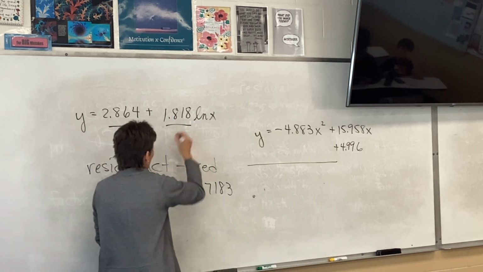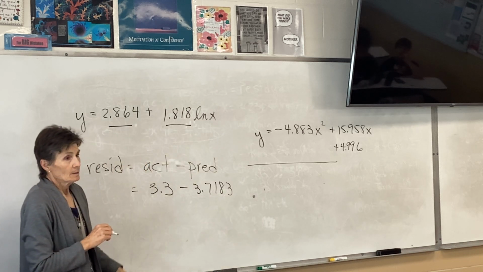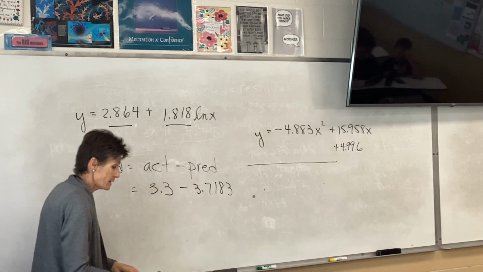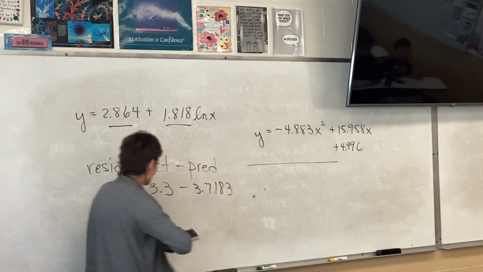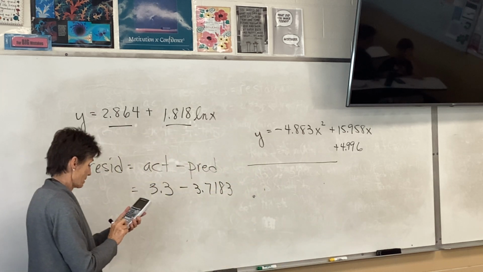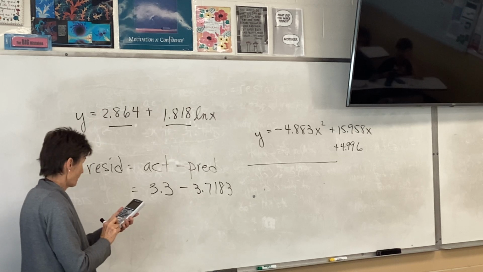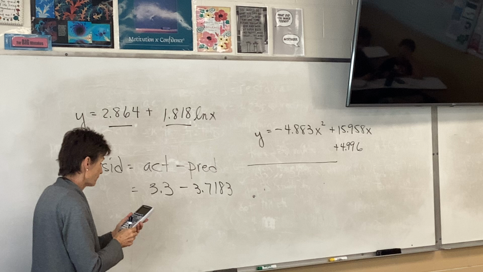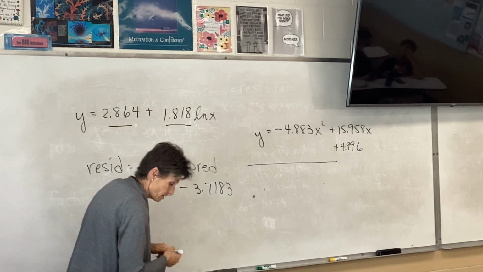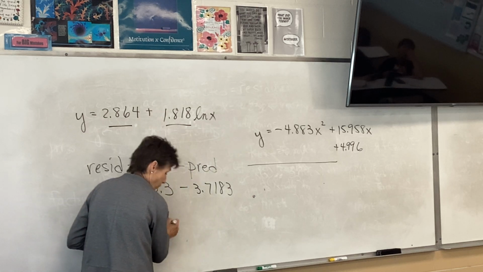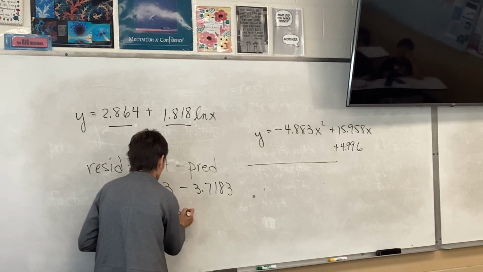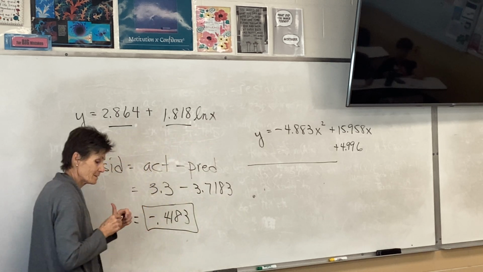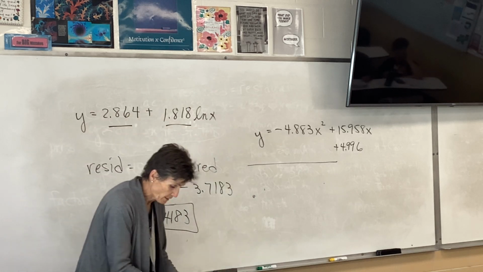These numbers were both rounded off, right? So anyhow, that value is negative 0.4183. So this is what I came up with for the residual for point R.